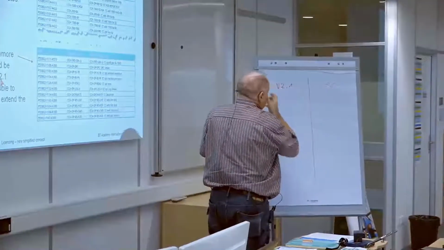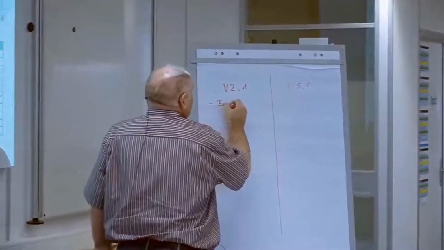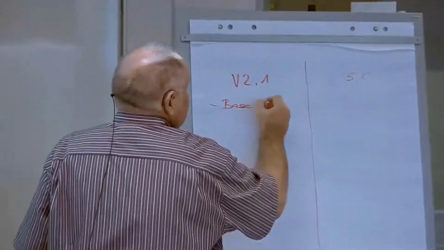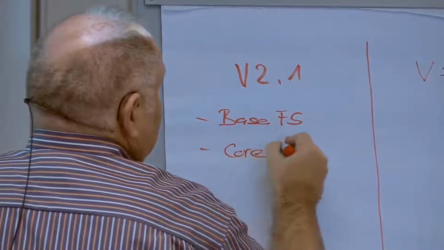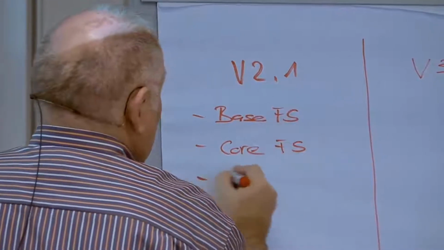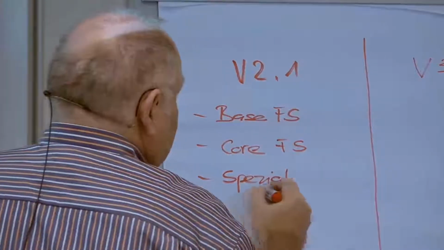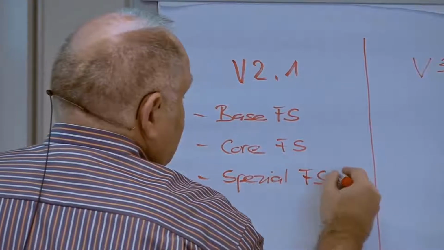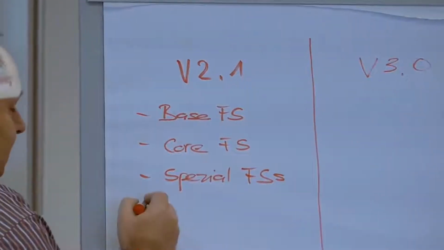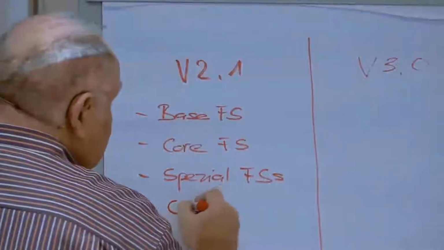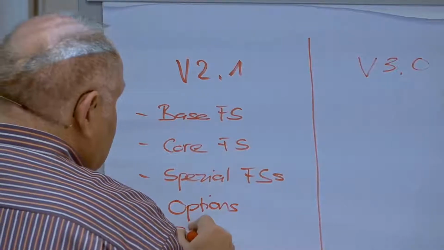So here we had a base feature set, or a core feature set, or some special feature sets which were available. And then you had, of course, options, and then data points.